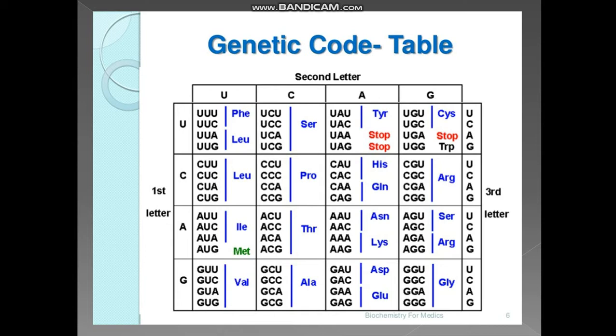Every protein will have methionine as the start signal. Whenever protein synthesis takes place, the first code has to be AUG because this is the only code which tells to start the synthesis of the protein.